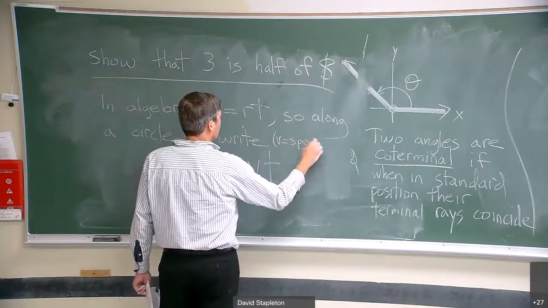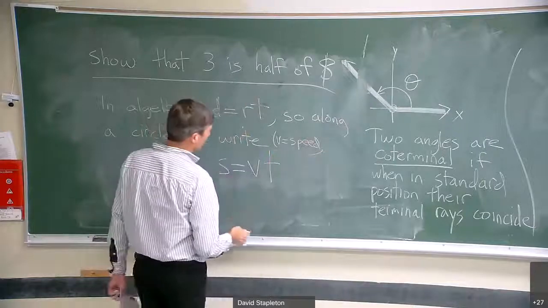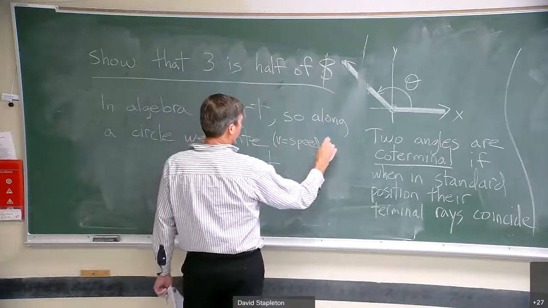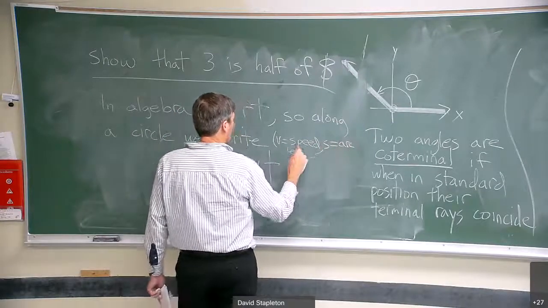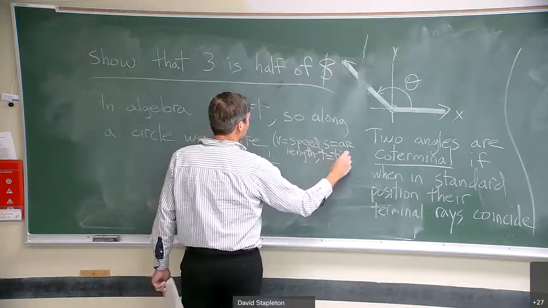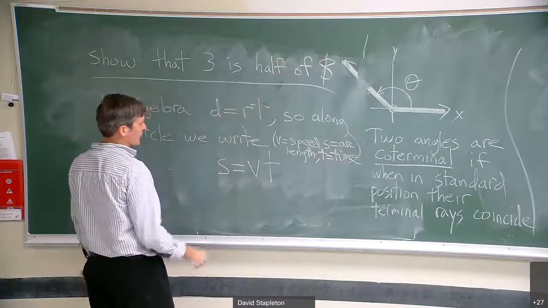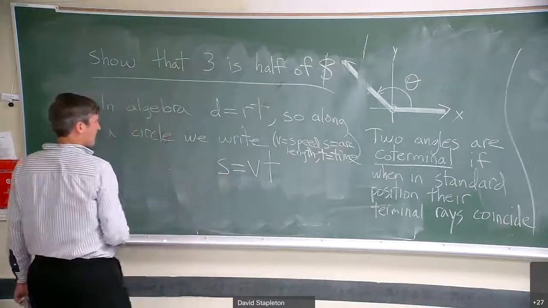That's the speed that the point on the edge of the circle is moving. It's just convention to use that letter. Technically, you can use what you want, and S equals arc length as before. And we'll let T equals time in whatever units you're using. But it's distance equals rate times time, just written for the circle, replacing R with V and D with S.